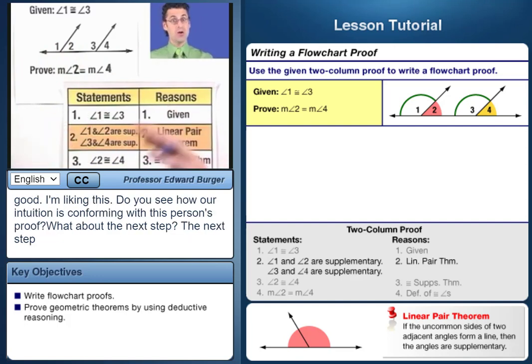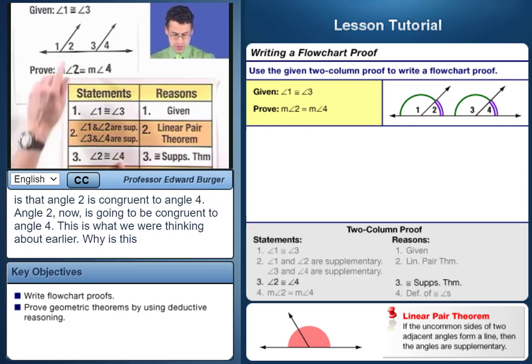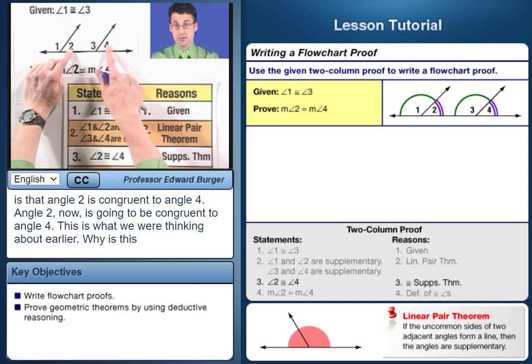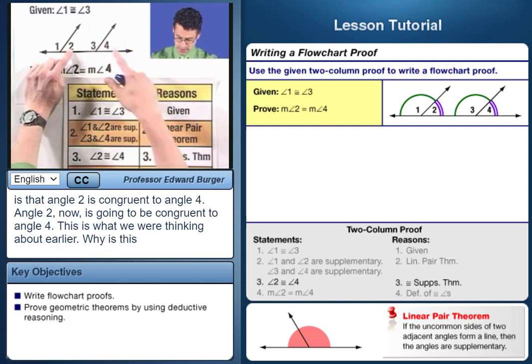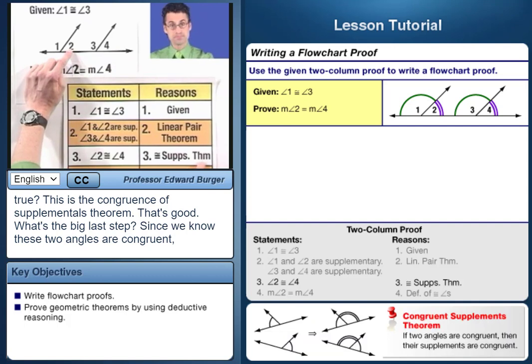So I'm liking this. Do you see how our intuition is sort of conforming with this person's proof? And what about the next steps? The next step is that angle 2 is congruent to angle 4. This is exactly what we were thinking about earlier. And why is this true? Well, this is the congruent supplements theorem. So that's good. And then what's the big last step?